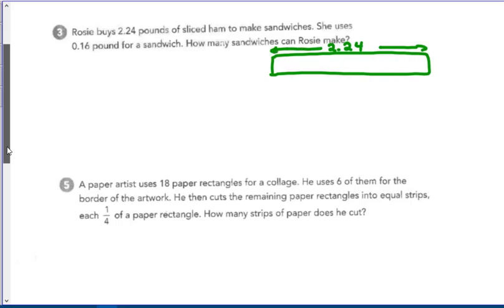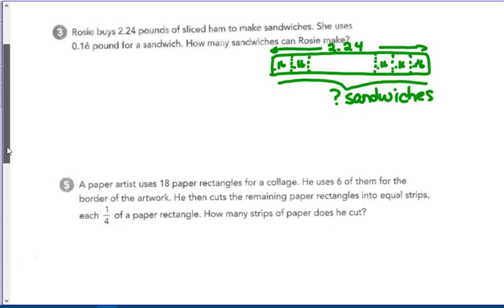This is the 2.24 pounds, and she's going to divide it into 0.16 pieces. So how many of those 0.16 can you get? How many sandwiches can you make with those? This is what the bar model would look like.